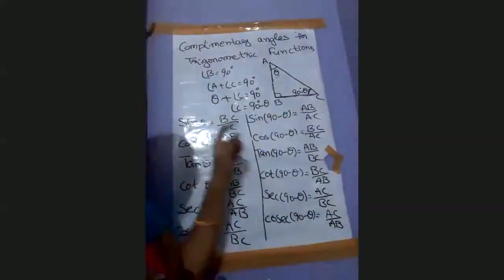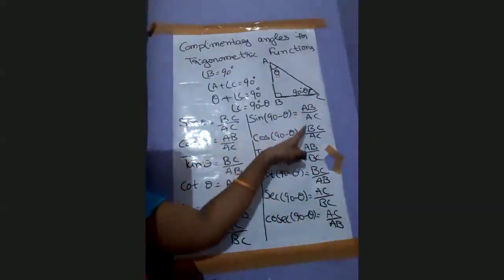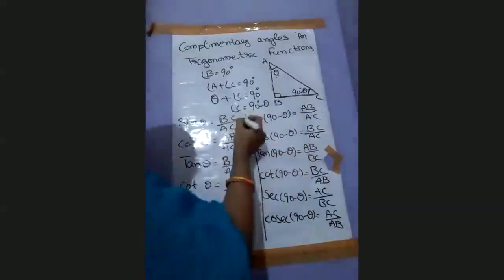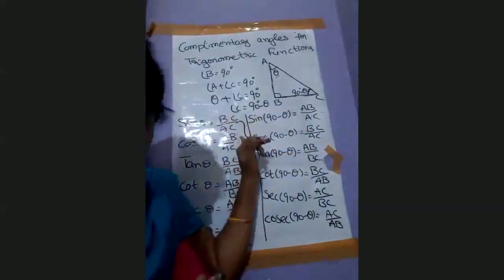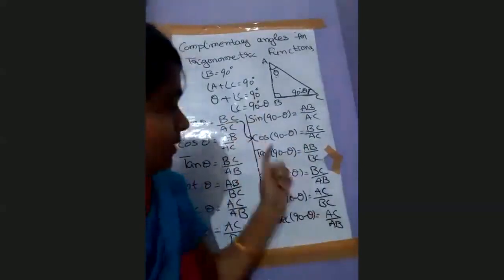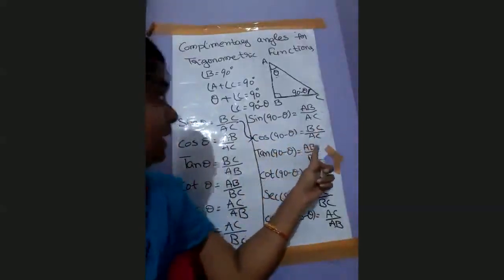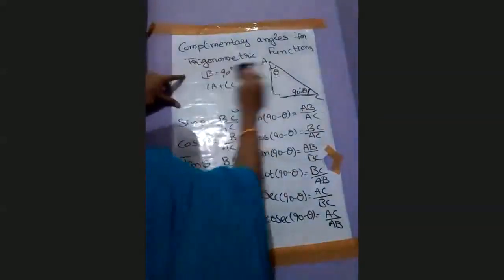Just compare. So here sin theta is BC by AC, so we got it, right? Sin theta is equal to BC by AC. At the same time, cos of 90 minus theta is also BC by AC, right? So just compare.